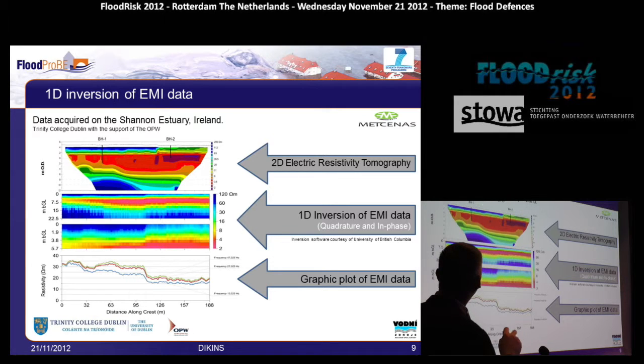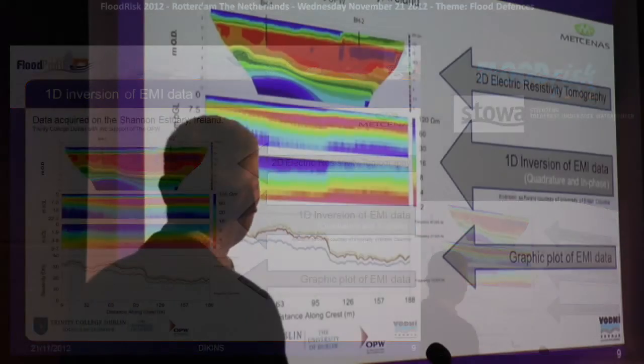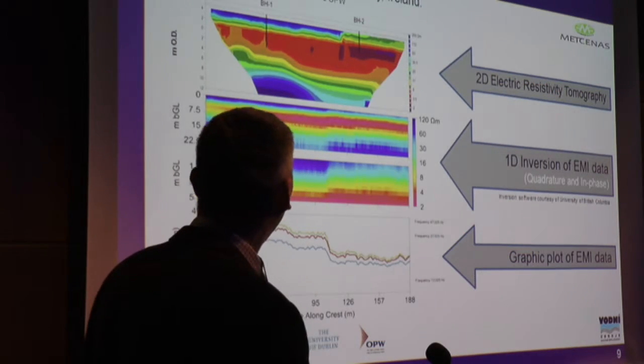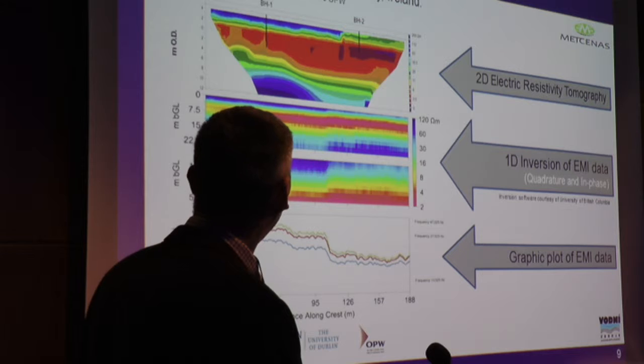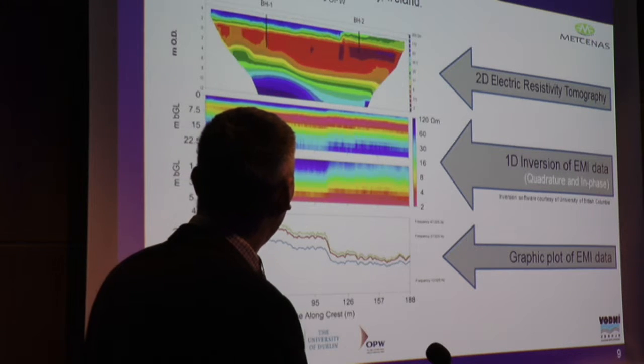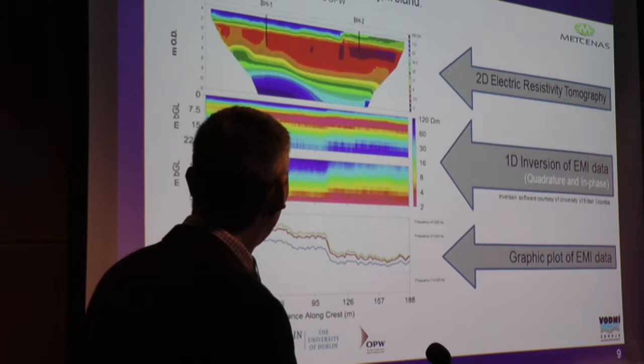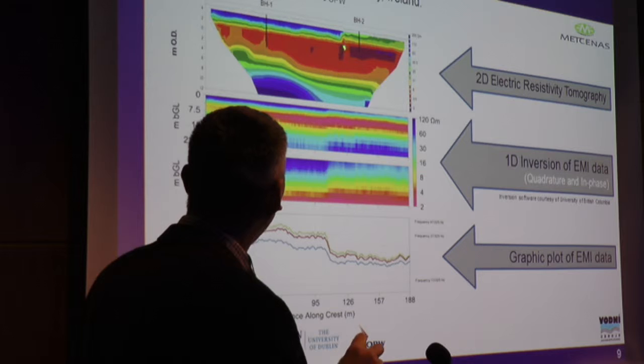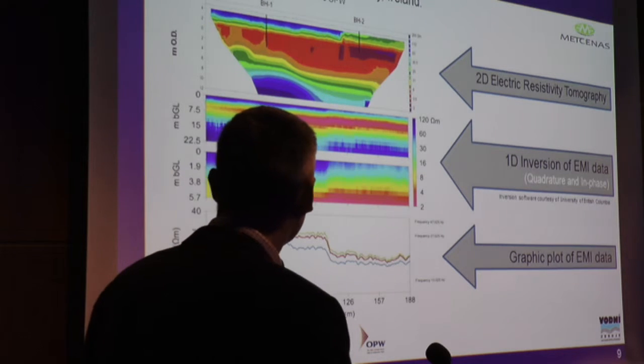This is the resistivity cross-section from, we can say, classic electrical resistivity tomography. You can see here, for example, a strong change of resistivity of materials in the near-surface zone, and this is the 1D inversion of electromagnetic data, and you can see a very nice fit of the information.